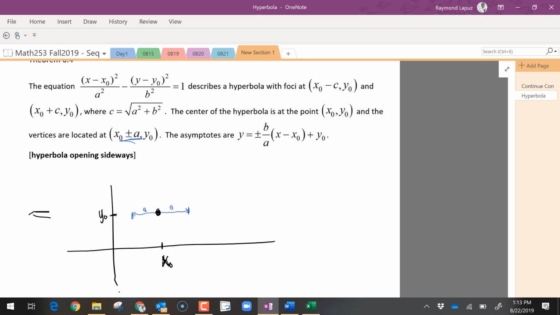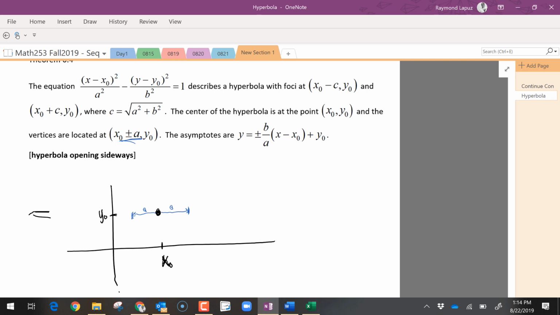I guess I'm moving towards trying to draw this now, because when you're drawing it, you want to account for those asymptotes. And those asymptotes, you don't want to just try to graph the asymptote. You want to do it in the frame of reference of where the center point is.